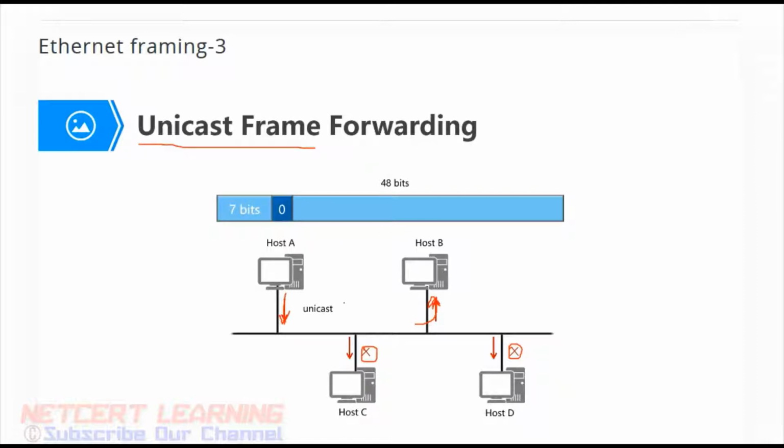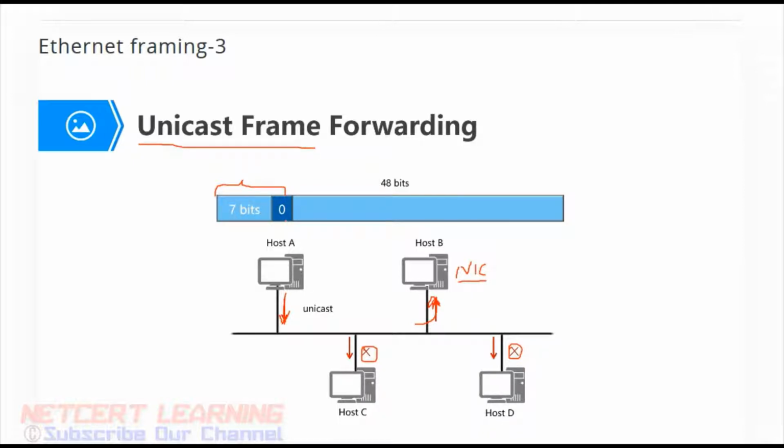In this frame, the destination MAC address is just the MAC address of host B's NIC, the network interface card. And how do we identify this?